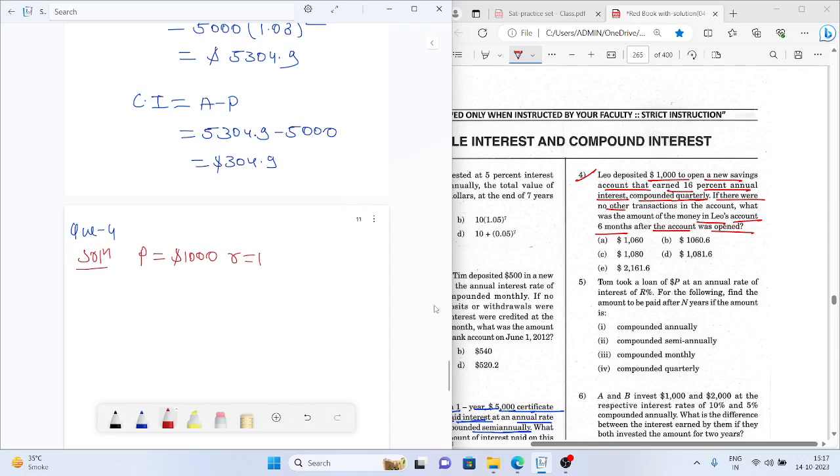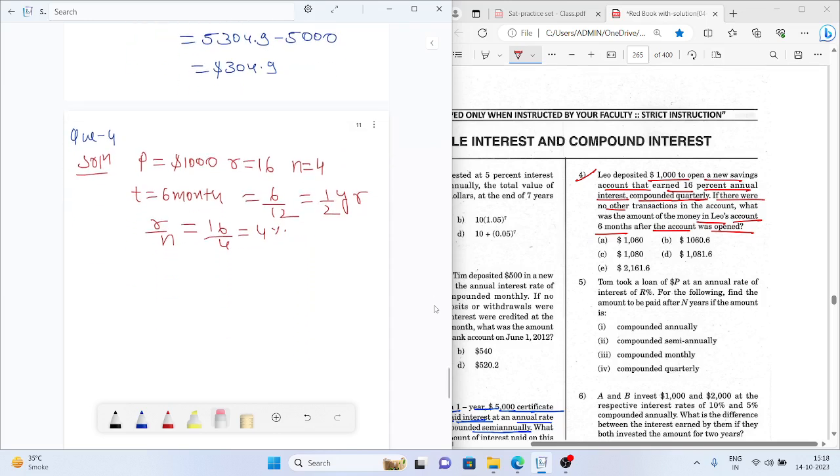What is the rate of interest annually? 16%. Quarterly, what is the value of n? 4. Time is given as 6 months. You convert it into years. So in years it is half a year, right? And when we calculate the effective rate of interest, it is 16 by 4, which is nothing but 4%. n we take in the formula as 4. Now put in the formula. What is the formula? Compound amount is P times 1 plus R by n by 100, to the power nt.